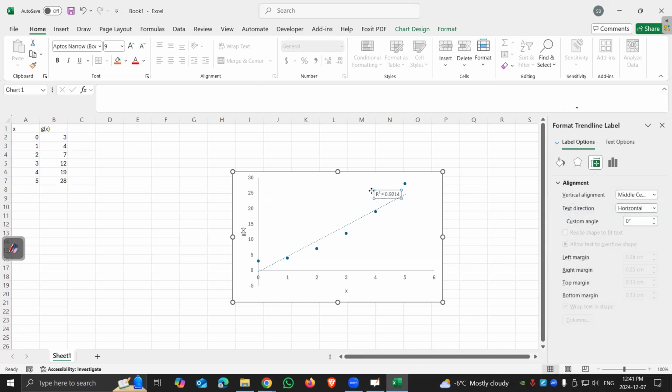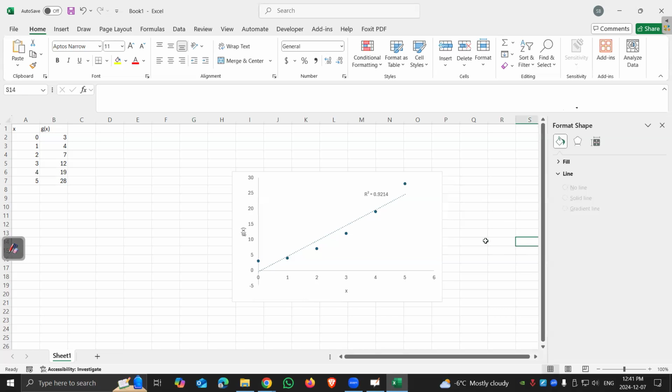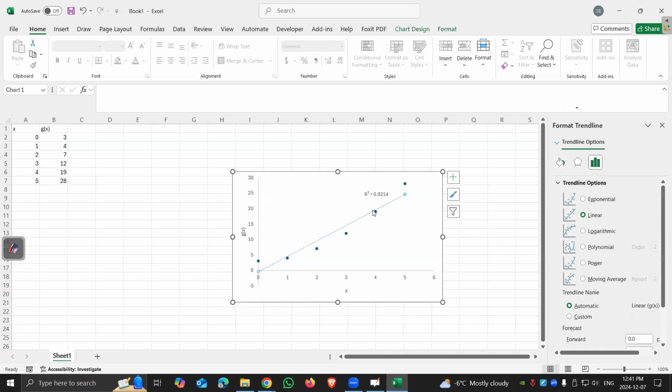So what actually tells you how good of a fit your curve is? What gives it away is the R squared value. R squared of 1 means it's a perfect fit, which is very, very unlikely in real life. But this is a made-up question with 5 points, so maybe we'll get an R squared value of 1.